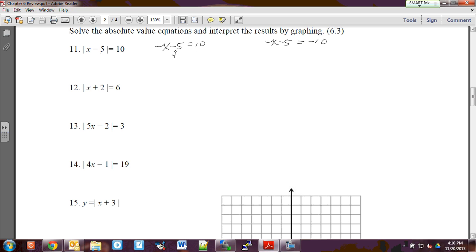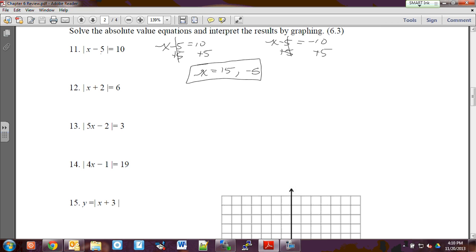Plus 5, plus 5. So x equals 15 and x equals negative 5. So those are your two solutions for number 11. I would graph it, but it's just 2 points on a number line, so I'm not going to.